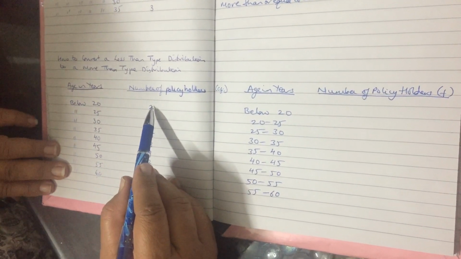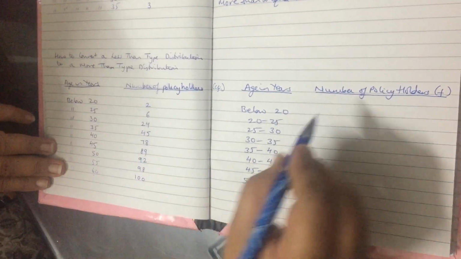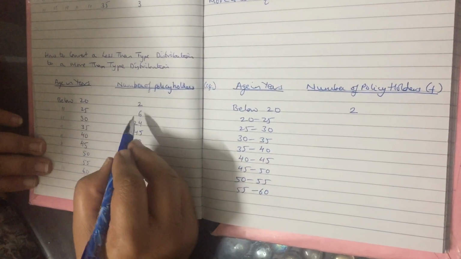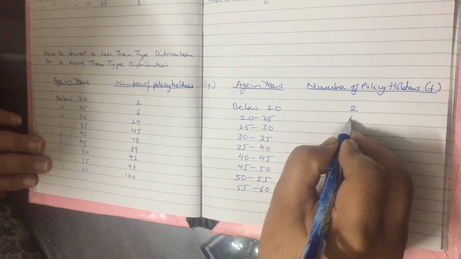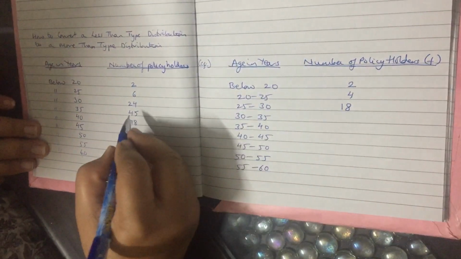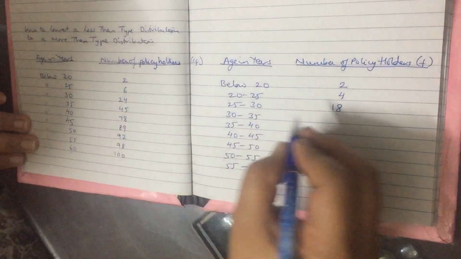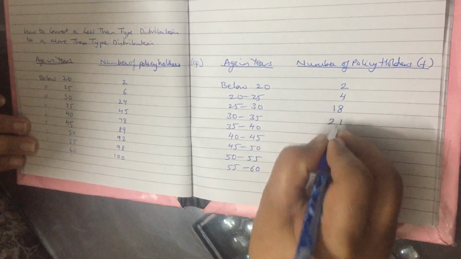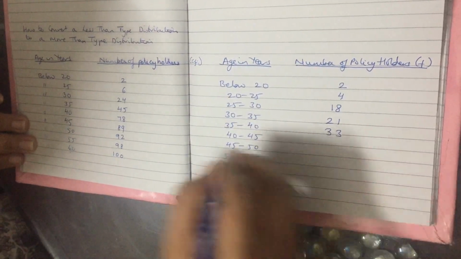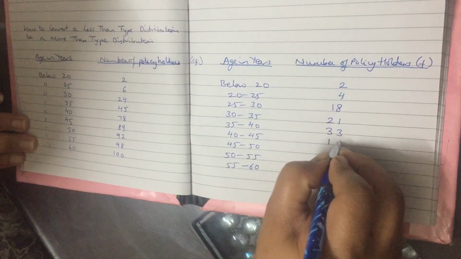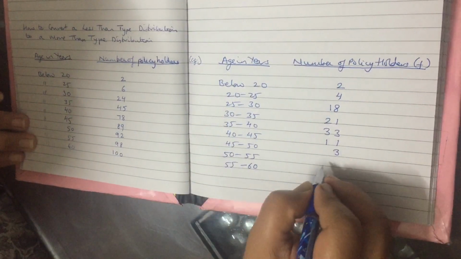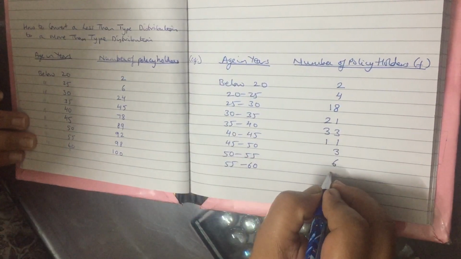Now the total has been done from top to bottom. So we start by writing the smaller number at the top and then we subsequently keep on subtracting. 6 minus 2 is a 4, 24 minus 6 is an 18, 45 minus 24 is a 21, subtract this, it is a 33, this is an 11, this is a 3, 6 and a 2.